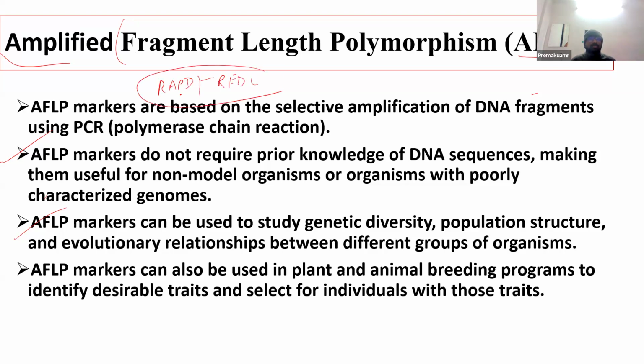It's like a hybrid of RAPD and RFLP. It overcomes the disadvantages of both markers and combines the advantages of both. AFLP marker can also be used for plant and animal breeding. This is a general point.